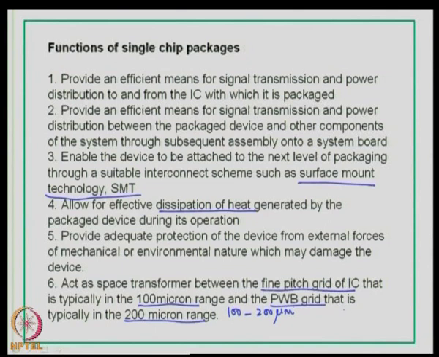This is typical of your ball grid arrays, which you are going to see later, how efficiently the substrate takes care of space transformation between two types of pitches. One is a fine pitch and one is a fairly larger pitch that you can probably handle, and this is the type of pitch that you will utilize for mounting your substrates on the printed wiring board.